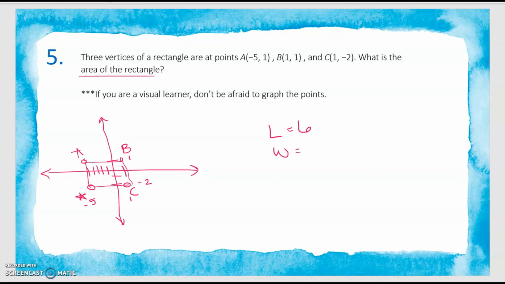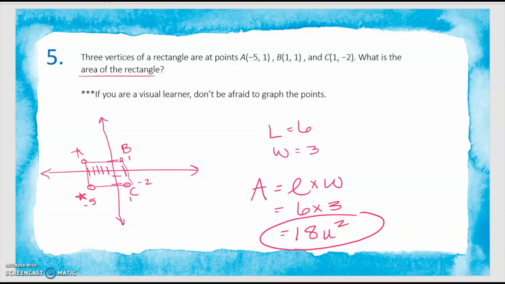That's a distance of 3. Okay, so area equals length times width, 6 times 3, and that is 18 units squared. Okay, pause if you need to.